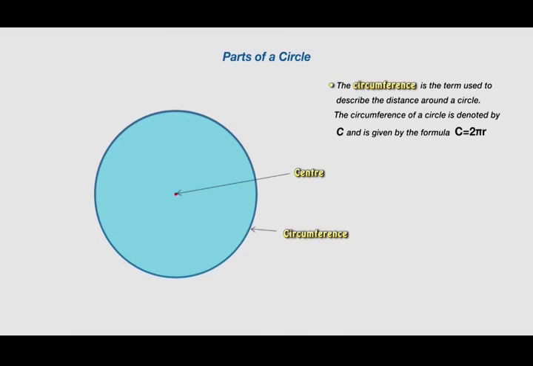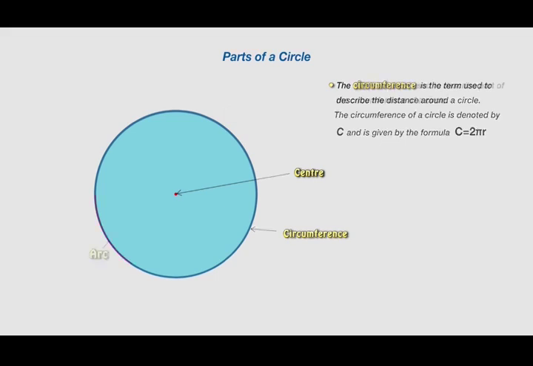The circumference is the term used to describe the distance around a circle. The circumference of a circle is denoted by capital letter C and is given by the formula C = 2πr, where r is the radius and π is a constant given by approximately 22/7 or 3.142.